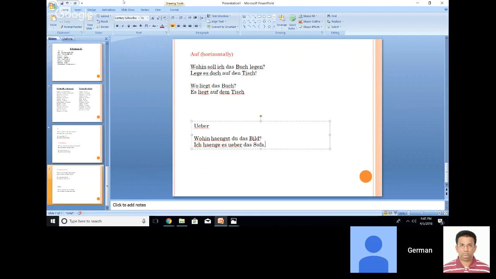I am hanging it. There is an action involved. That's why it is an accusative case. Now for dative, Arvind, what would be the question and answer involved? Wo hängt das Bild?